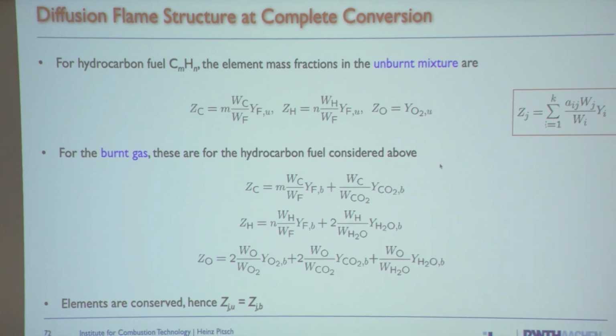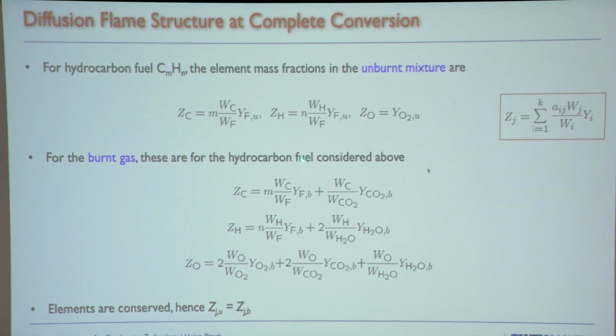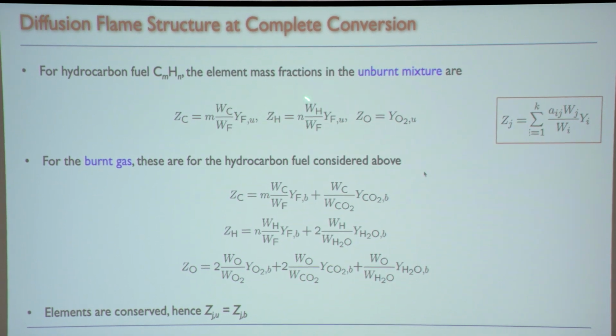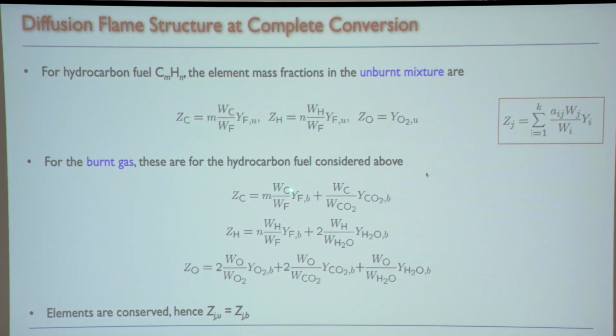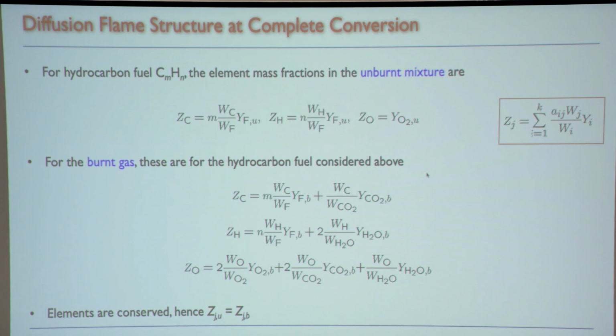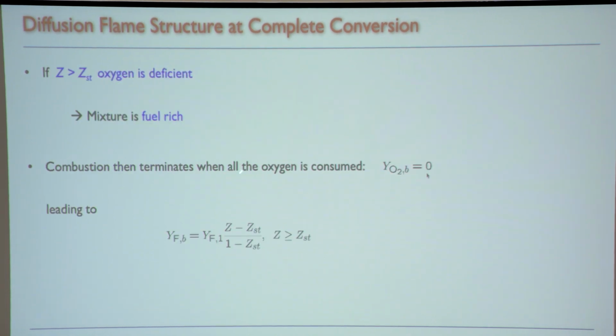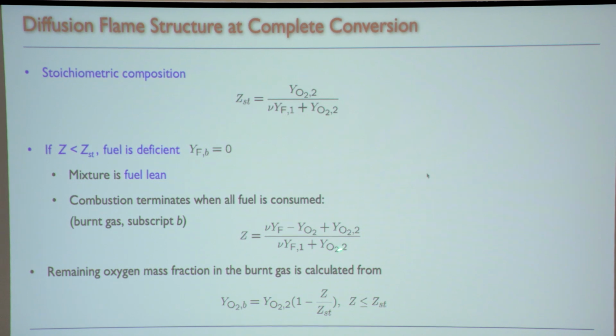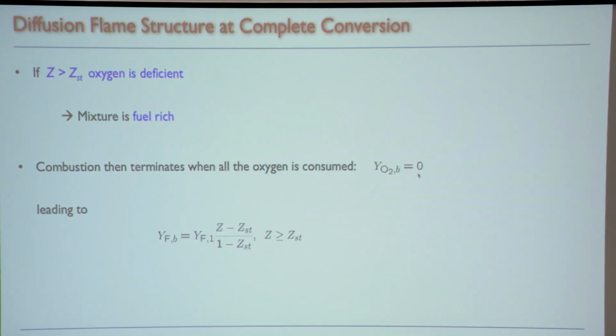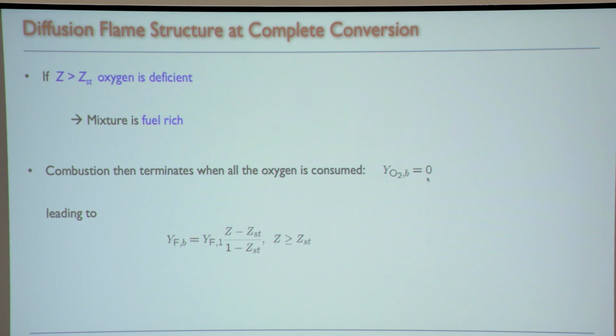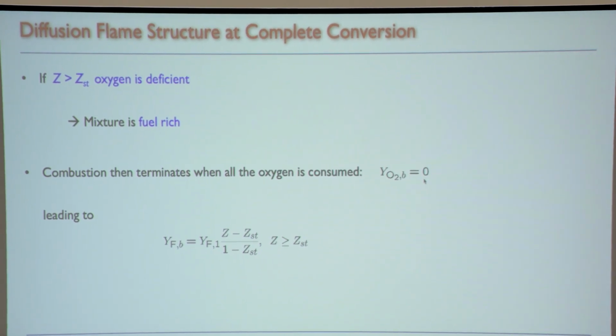Now I know fuel and oxygen, and assuming I have a hydrocarbon, I also want to know what CO2 and H2O are. Here I just started out with this equation, but CO2 and H2O are not in that equation. So what we do is use the element mass fractions.